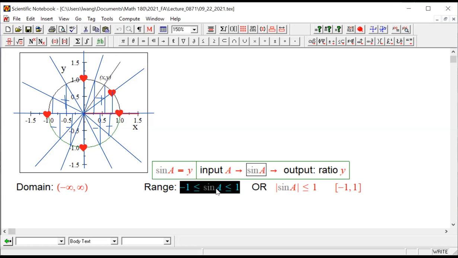This tells us the output is between -1 and 1, which we just demonstrated. And this one is saying the same thing. If you take the absolute value of all these y values, it is going to be less than or equal to 1, right? All of these are correct forms for the range.